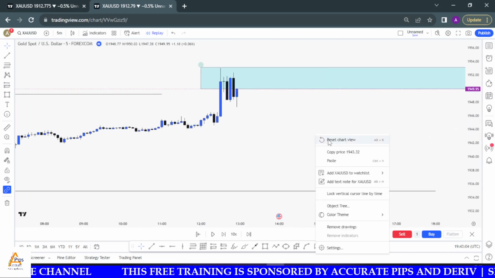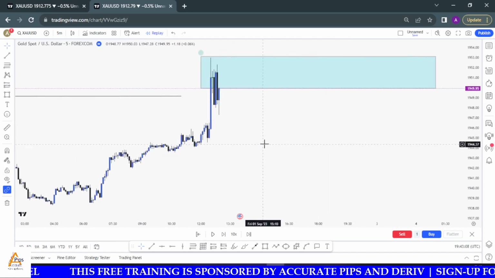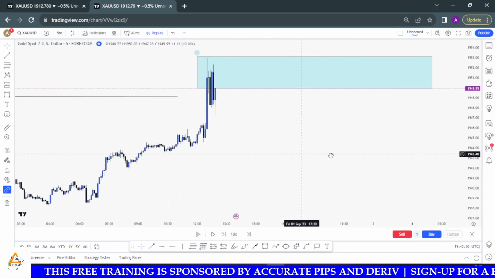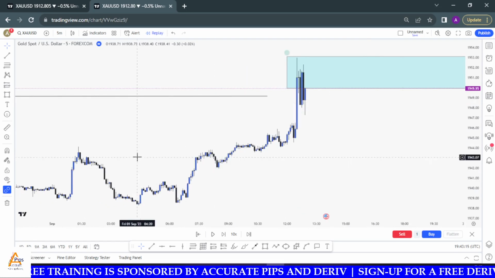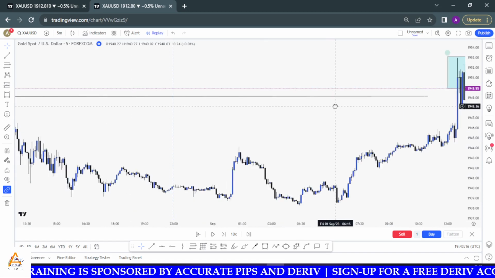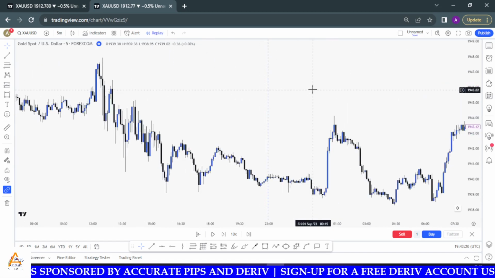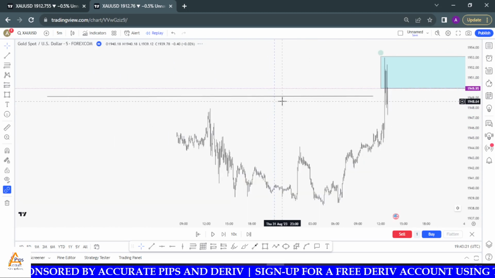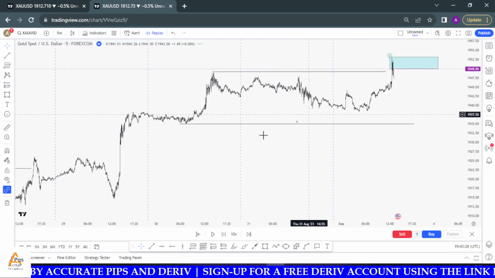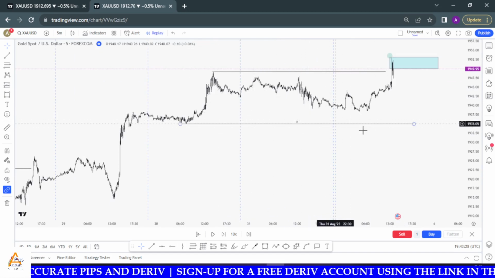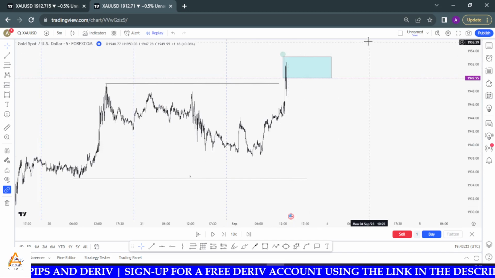As I said, you should always make sure that you see what you are looking for on your entry time frame before you make an entry. Now remember, I said we mark this and come to the lower time frame, but we still need our IDM to be taken on our higher time frame, because the market can decide to continue going up.